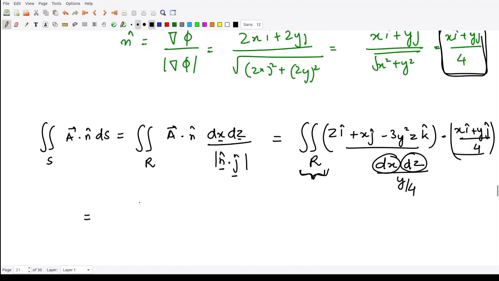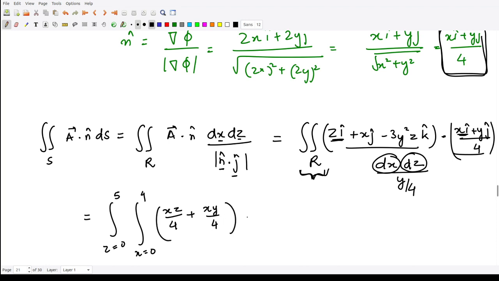So we can write it like this. We have the limits for z from 0 to 5, and the limits of x from 0 to 4. And when you take the dot product here, you will have xz by 4 plus xy by 4, and you have the quantity 4 by y into dx dz.